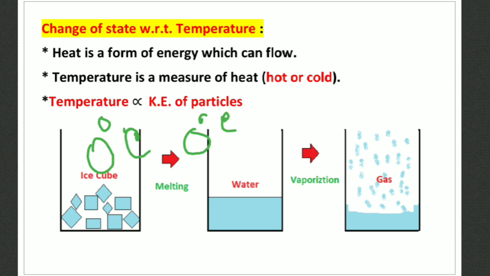And the temperature when all the water starts to boil is 100 degrees Celsius. And the temperature of the water vapor, the gaseous state of water, that is the steam, is 100 degrees Celsius.